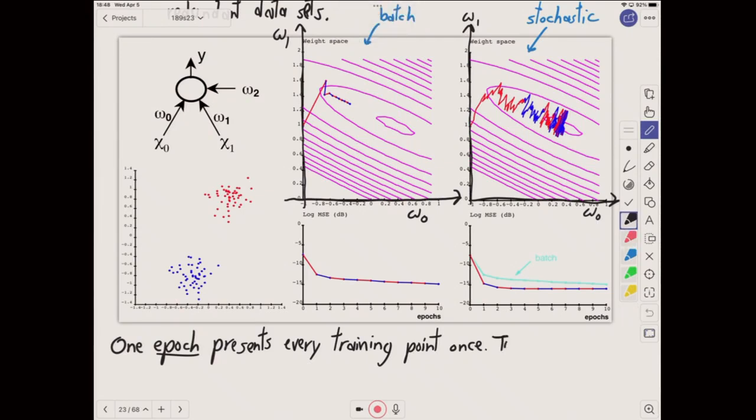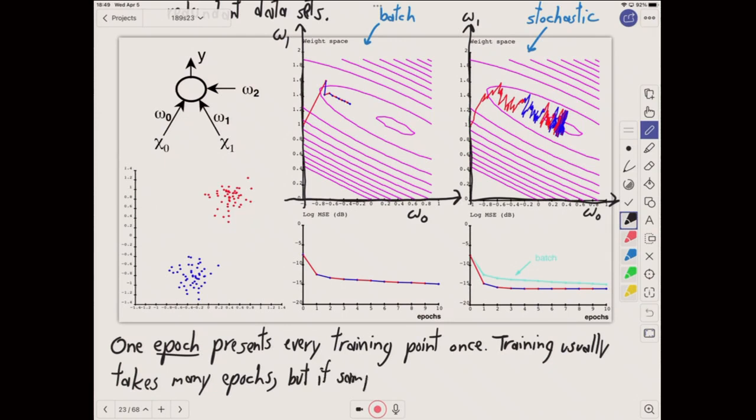Now, I want to say again, with this idea of an epoch, training a neural network usually takes several to many epochs. But what if you have a really huge set?